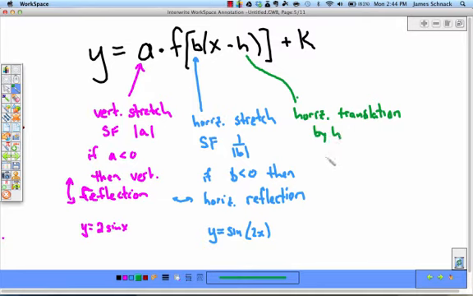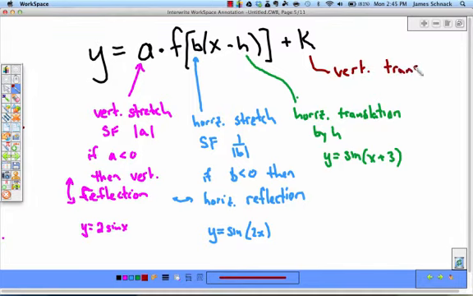If h is positive, the equation would say x minus 2. For instance, y equals sine of x plus 3. This would have a translation of 3 units to the left because technically speaking, h is negative 3. What are we subtracting from the x? We're subtracting negative 3.